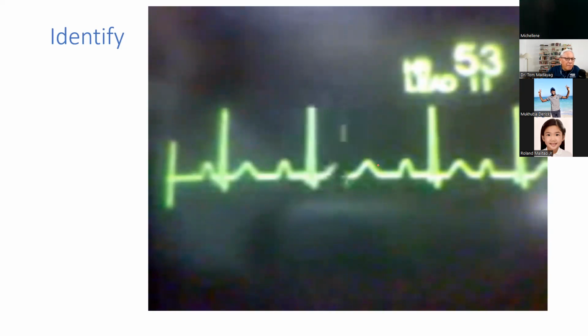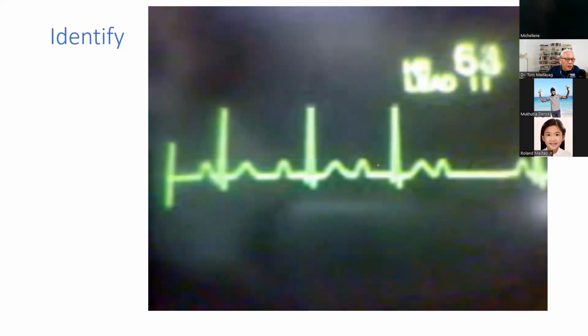Whenever we have a missing QRS complex, that means to say that there is an AV block. So I'm glad that a lot of you were able to identify that there is a presence of an AV block. Well, there are several types of AV blocks, and so let's review what those types are going to be.